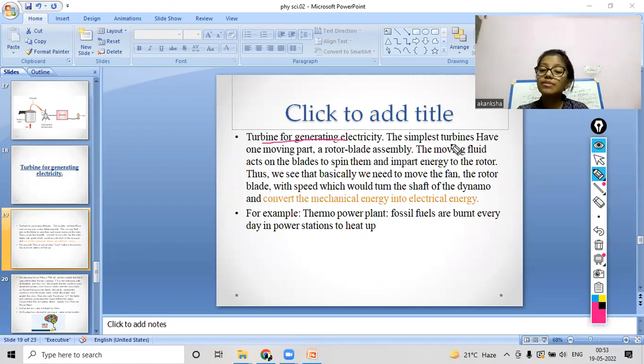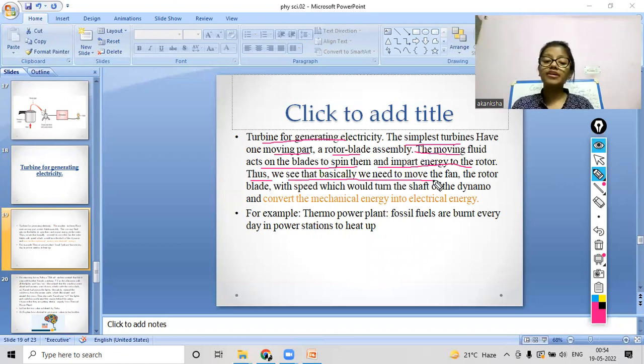The simplest turbines have one moving part, a rotor blade assembly. The moving fluid acts on the blades to spin them, just as the steam was acting in the earlier activity, and imparts energy to the rotor. Thus, we basically need to move the fan. Fan means here the tennis ball that was attached with metal slates. So this is the fan.